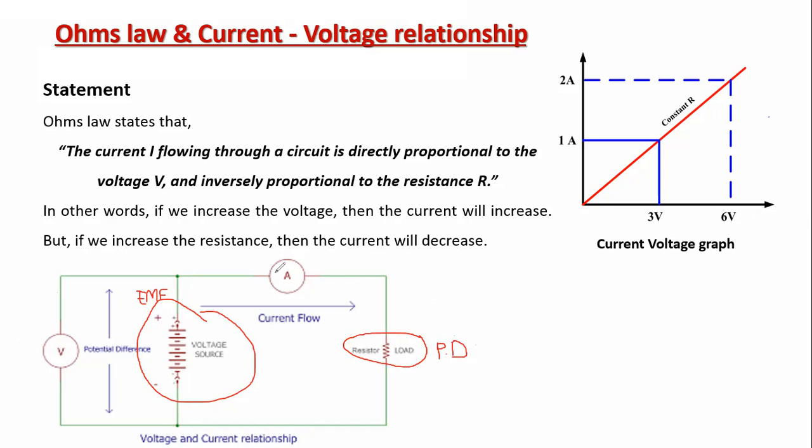The other two things in the circuit diagram are the ammeter and the voltmeter. Ammeter is a device used to measure the current, whereas voltmeter is a device used to measure the potential difference. Now you can see the circuit is very simple.